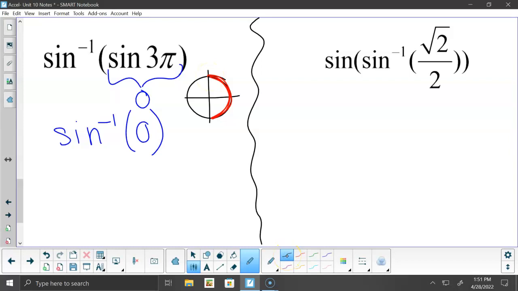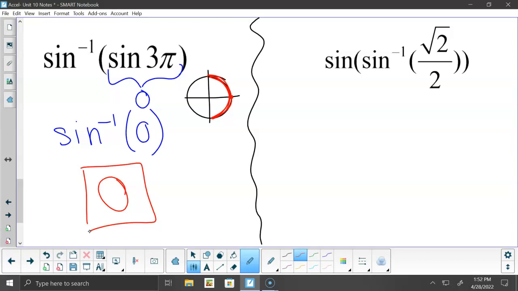Now, where is sine 0 on my restrictions? 0. You're done. You could put it as 0 pi if you want.